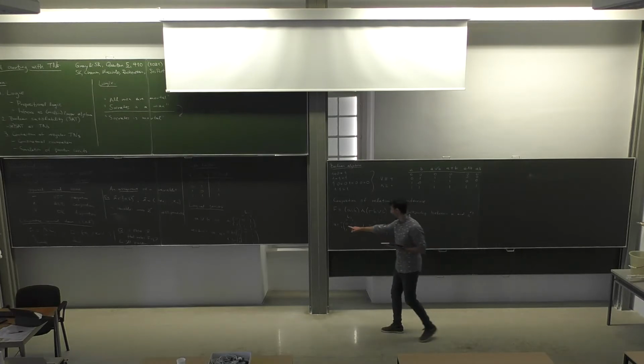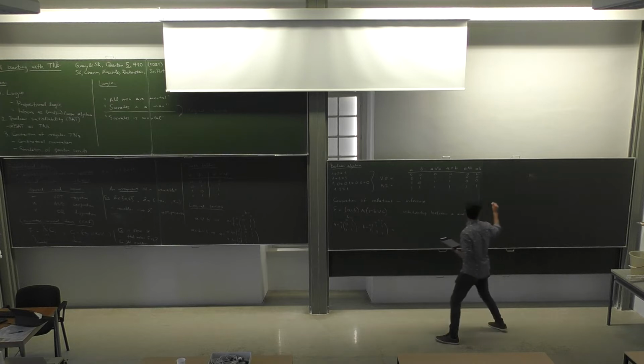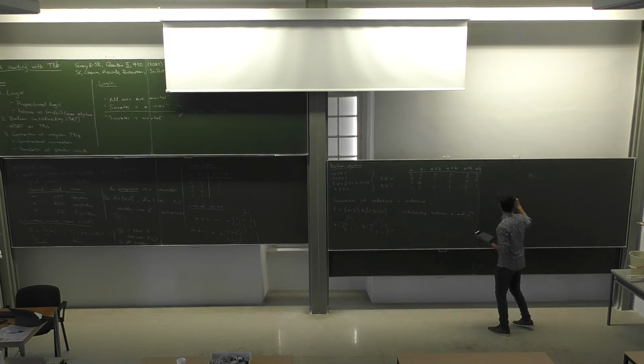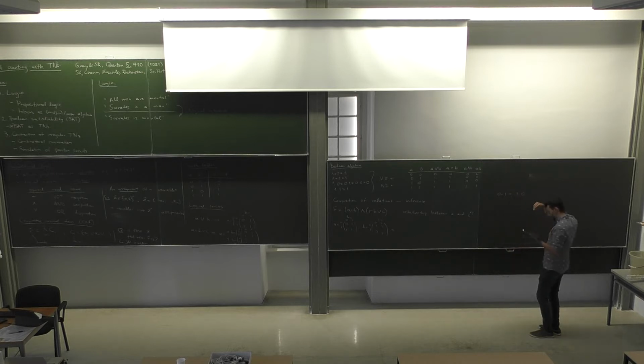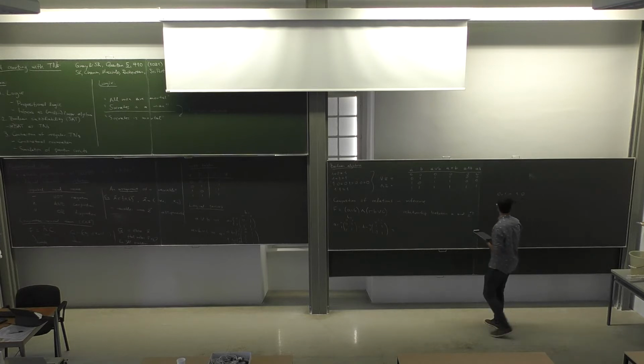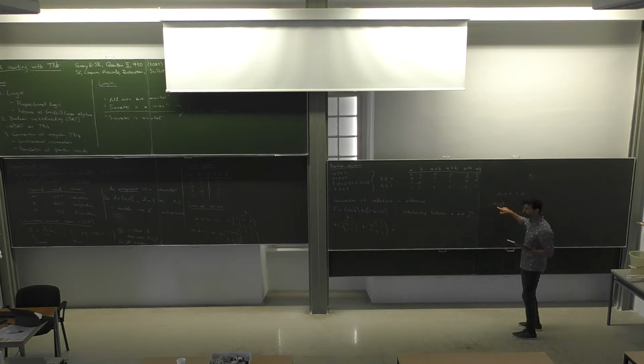Let's write this as 0 times 1 plus 1 times 0. What is this? This is basically A equals 0. And equals you can write again as a composition of ors and nots and etc. Times is and.